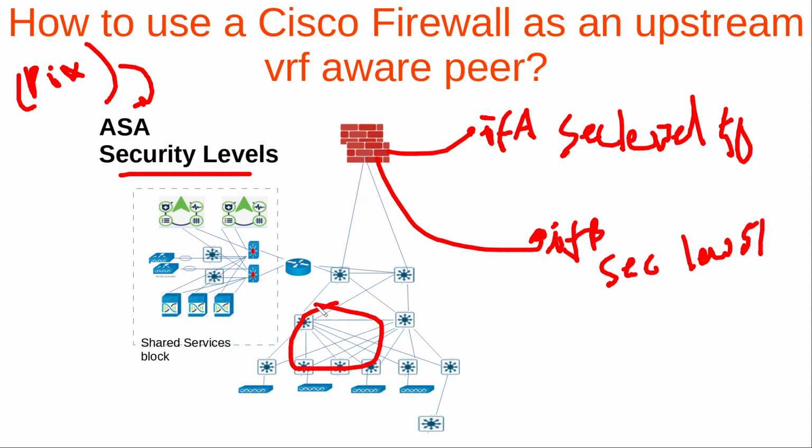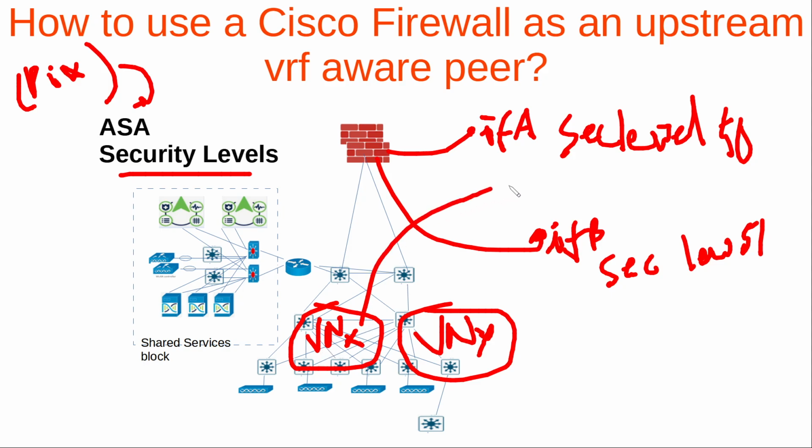So if you had two virtual networks, for instance, virtual network X and virtual network Y, you could land prefixes coming from this virtual network X into this security level, and then prefixes coming from this virtual network Y into these security levels, and then you could create rules in order to make these users that are living in these two security levels communicate with each other through firewall rules, taking advantage of your firewall.